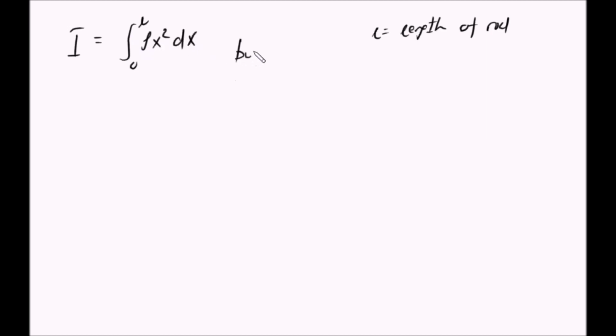Kwa hiyo tushaona moment of inertia ni sasa na uintegrate from 0 to L. L ni urefu wa rod. L is length of rod. So line density x squared dx. But tushaona line density ni nini? Kx squared. K is constant.